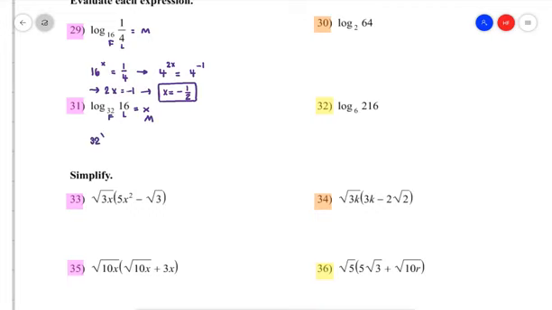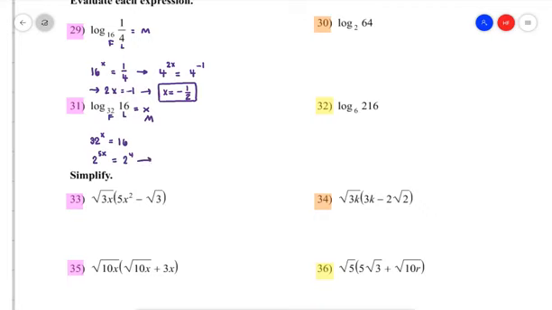32 to some power equals 16. Now I want to make these the same base. So 32 is 2 to the 5th power, and 16 is 2 to the 4th.